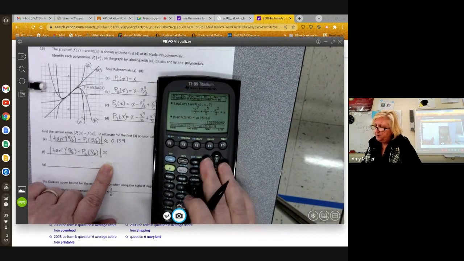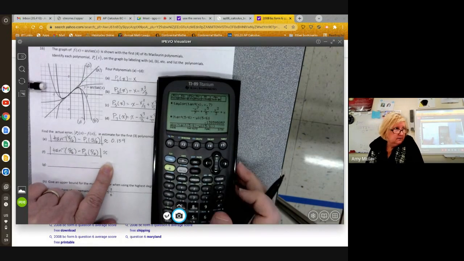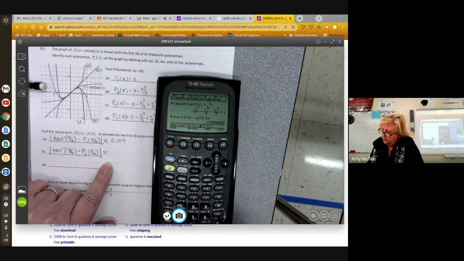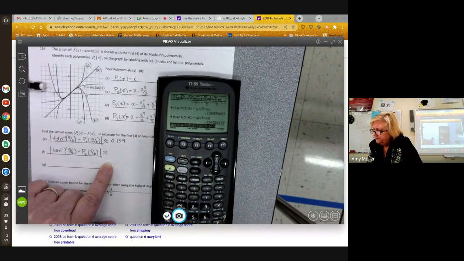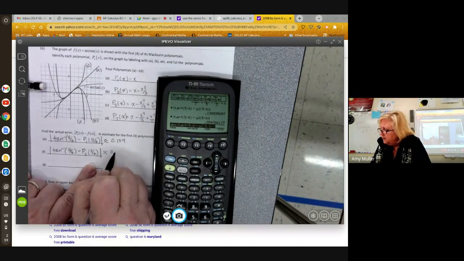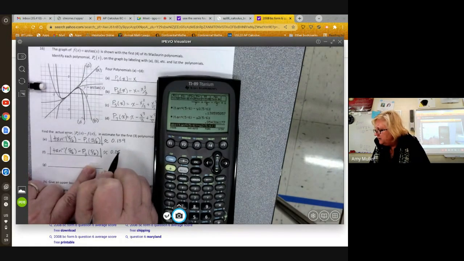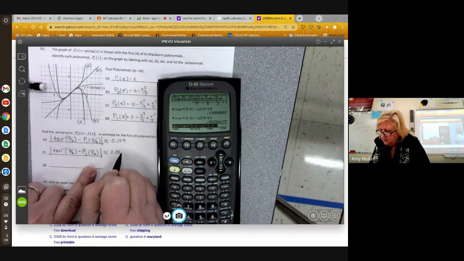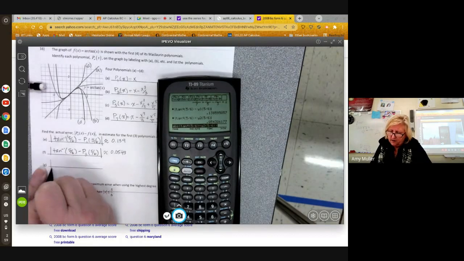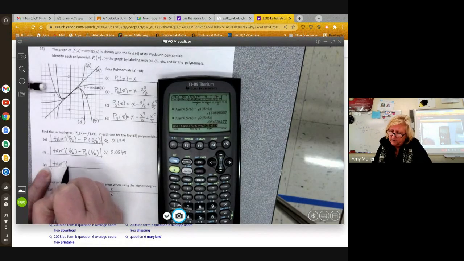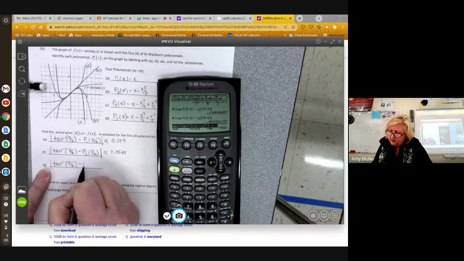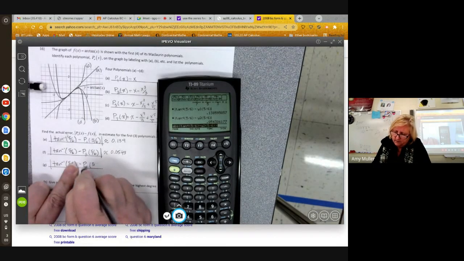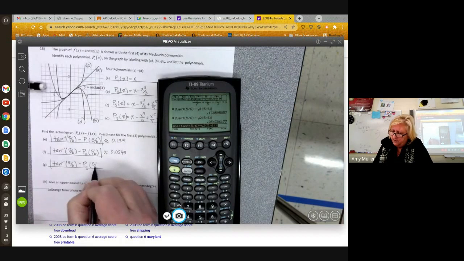All right, and so where did I put the second one? I put it in Y2. And what do you get? 0.0543. Okay, and then absolute value of inverse tangent of 5 over 6 minus P5, I'm sorry, of 5 over 6, approximately.